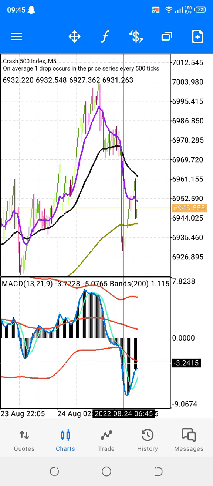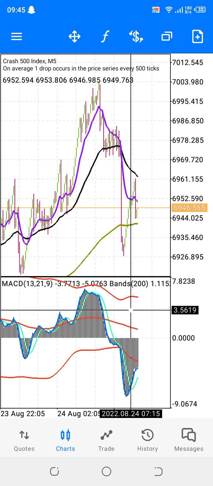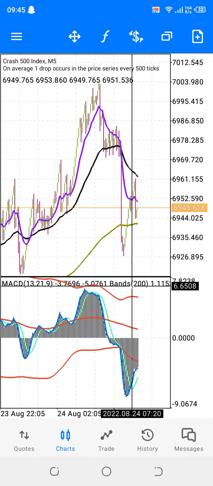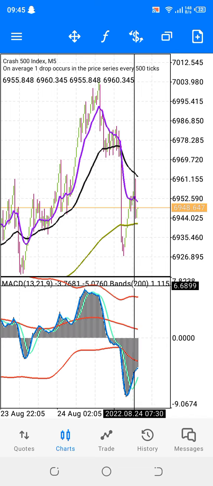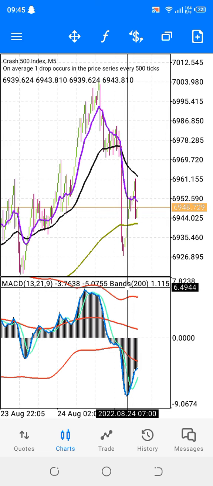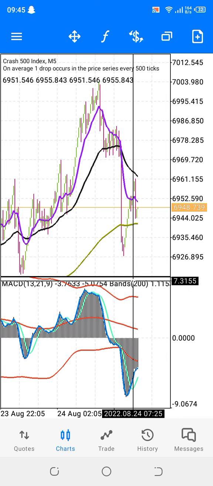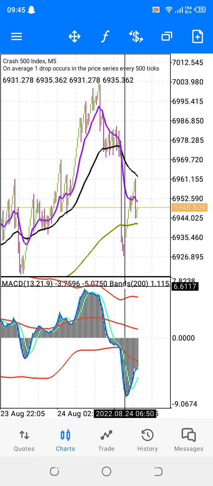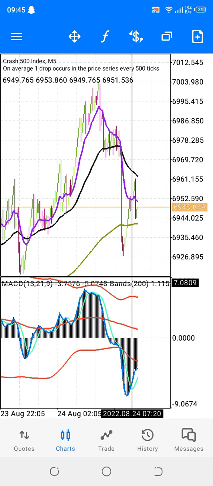The same when you want to sell on Crash 500. You wait for the MACD, the zebra thing, to go above the upper Bollinger Band. When it's on the upper Bollinger Band, you wait for the MACD and the moving average to cross each other. When they cross each other facing downward direction, it means we are in a selling position.